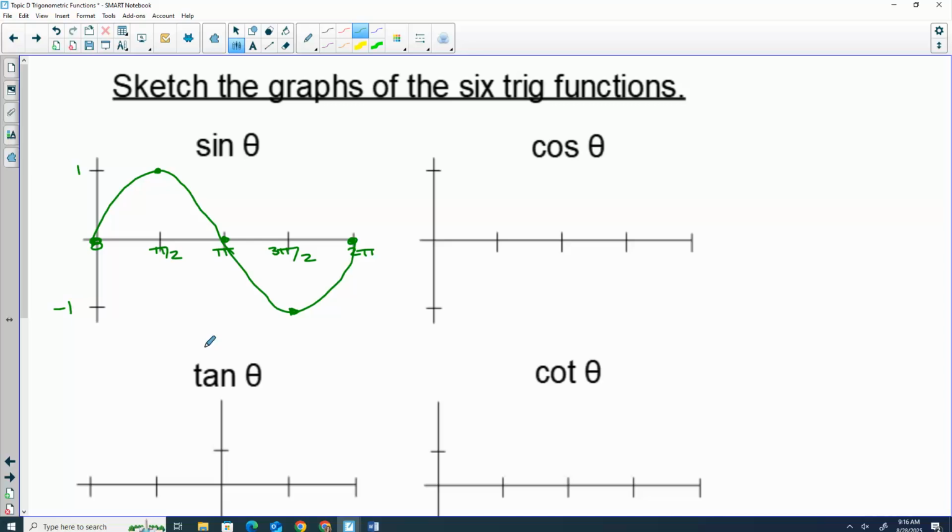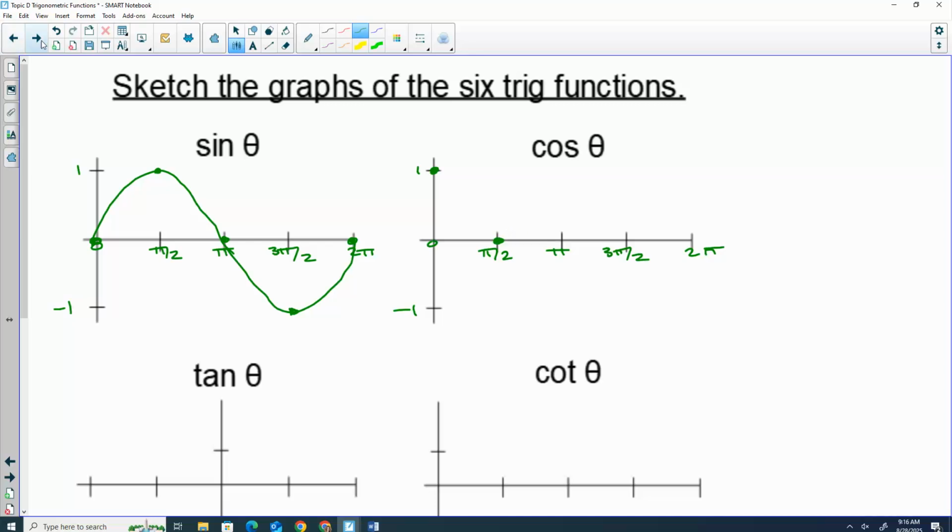Sine and cosine are both just waves. The setup of their graphs are very similar. Same points on the x and y axis. All right. What is the cosine of 0? Cosine of pi over 2.